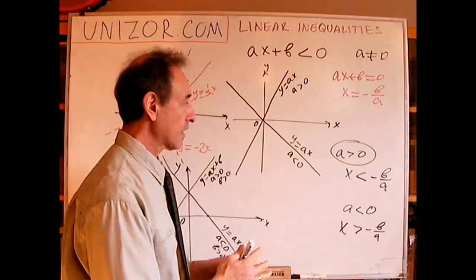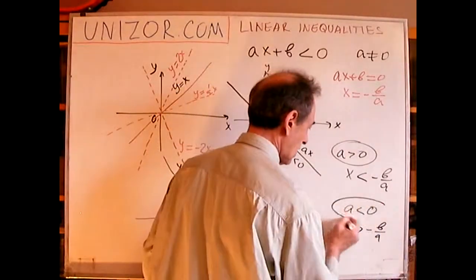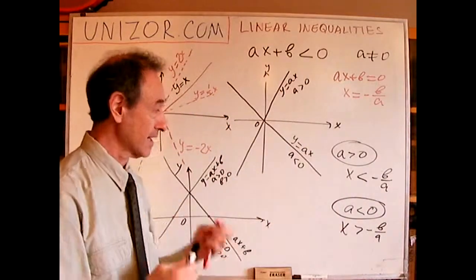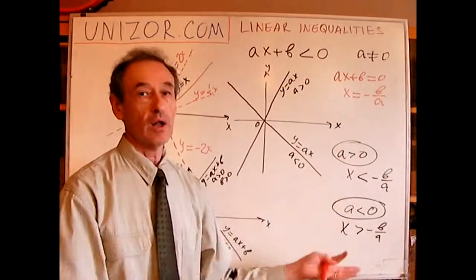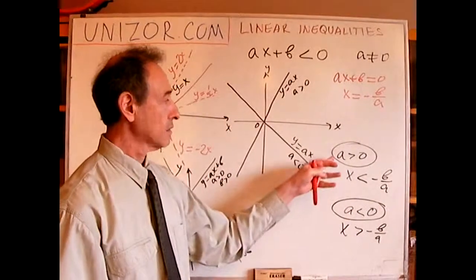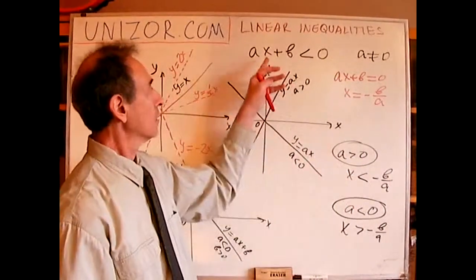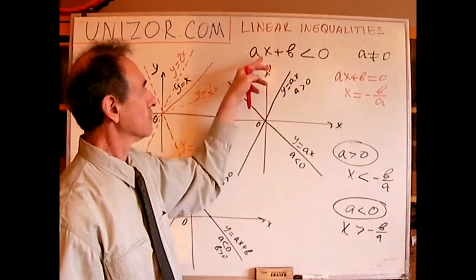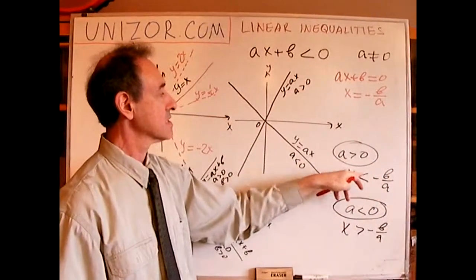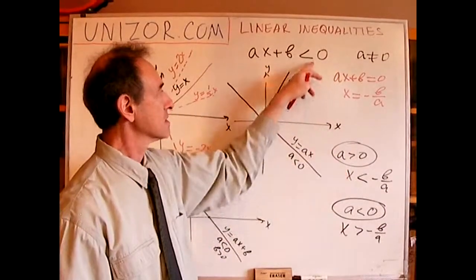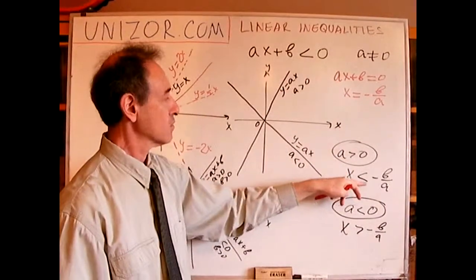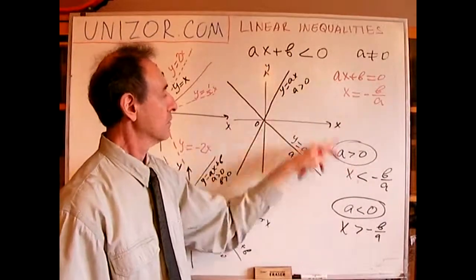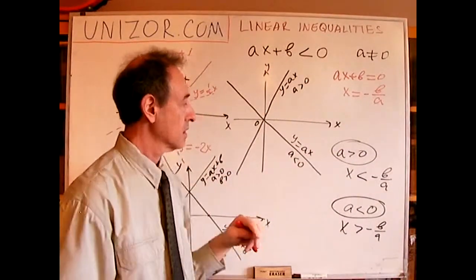So I would like to conclude from the graphical representation of my linear function exactly the same thing which I did algebraically. When a is greater than 0, this goes to minus b, and I divide by a, and I will have exactly the same. I retain the sign, less and less. When I divide both sides by a, algebraically, the sign of inequality is retained.